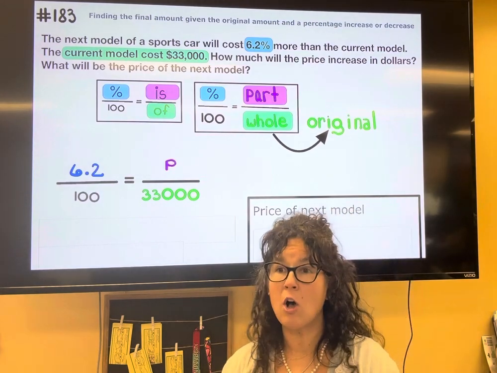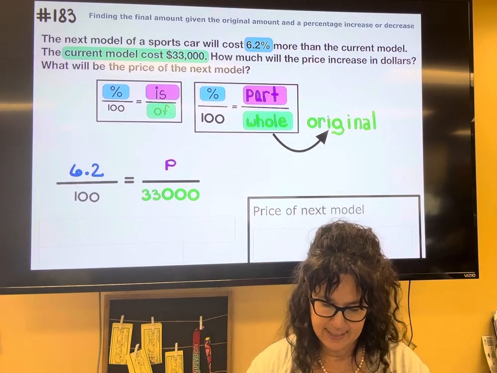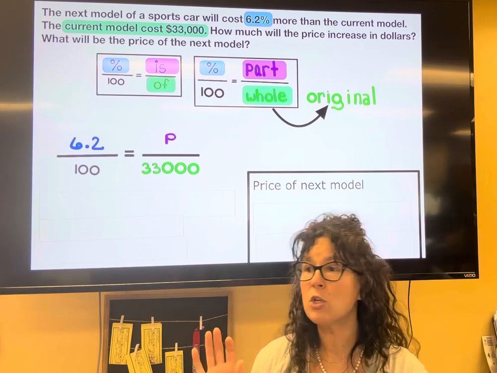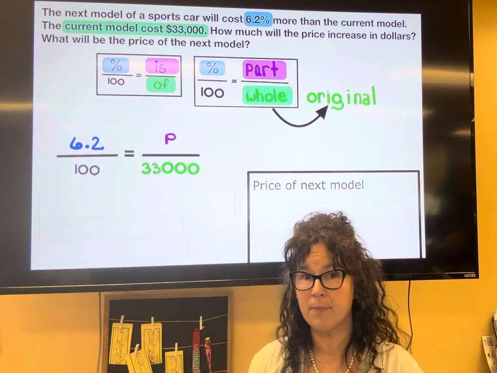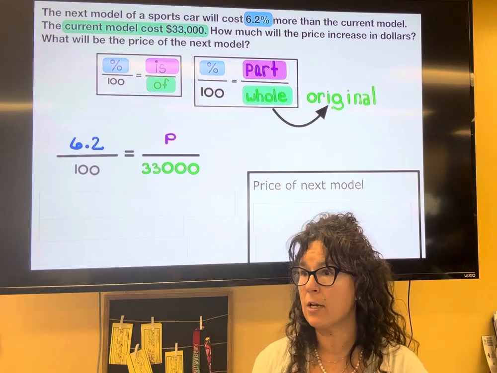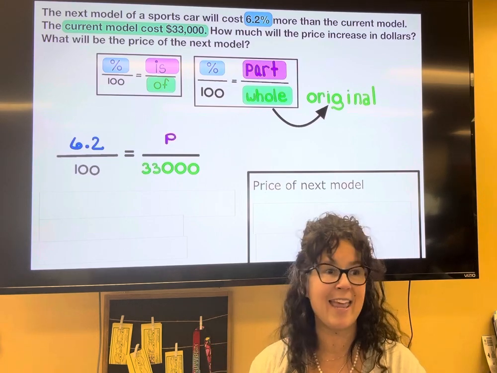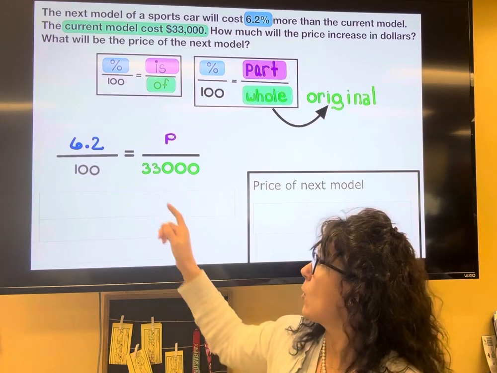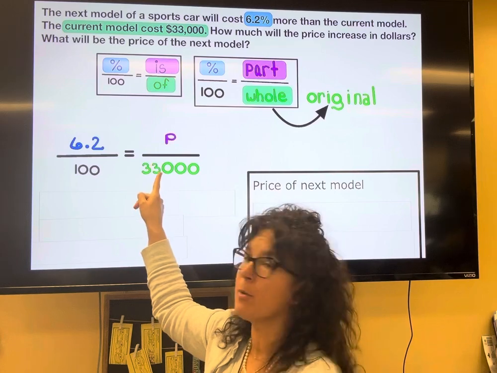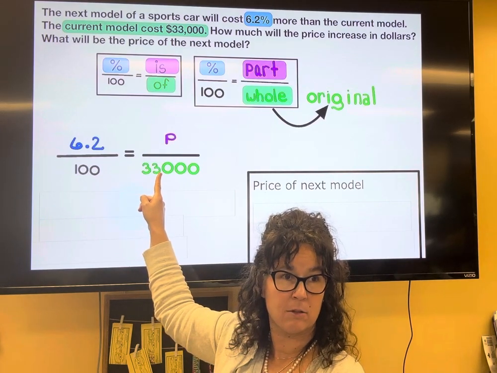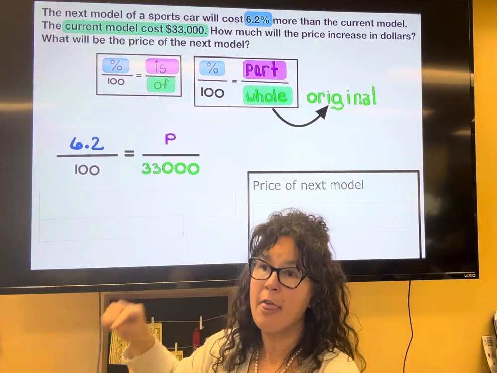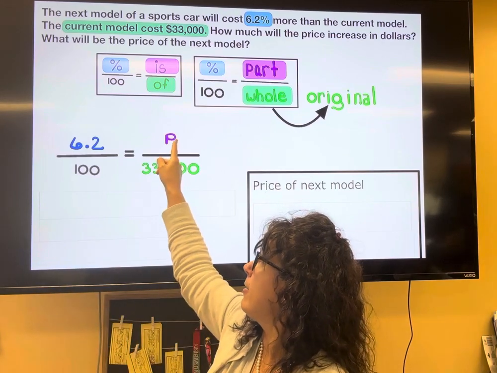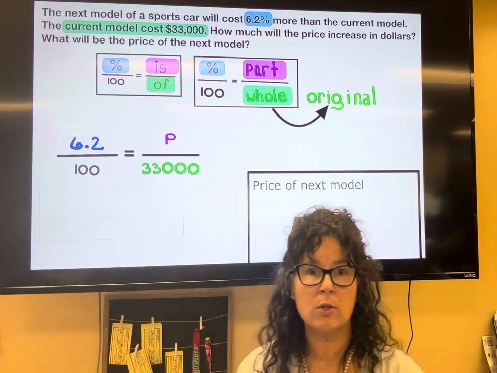Next, I want to solve this little proportion that I've set up. Some of you will use the shortcut to solve, and if you use the shortcut, remember that's cross multiply then divide. So I could multiply the numbers that are diagonal, get an answer, then divide by the number diagonal to the letter.